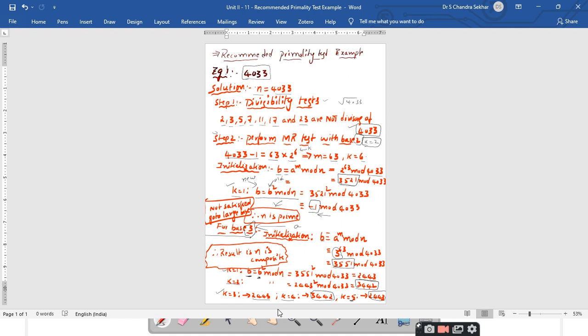So we have gone through the example of this recommended primality testing with 4033. Can anybody tell me, is 4033 a prime number or composite number? Prime number, sir. Right, prime number. So is this particular 4033 satisfying the recommended primality test, or does it pass the recommended primality test or not?